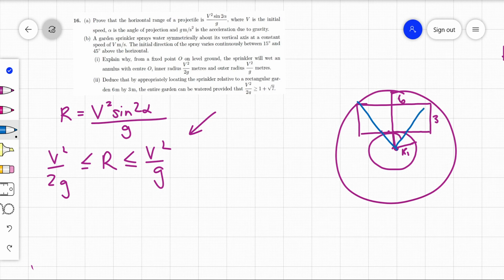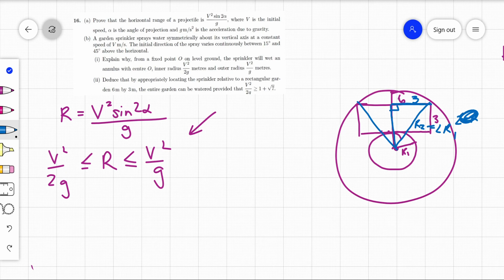If I go like this and look at this rectangle here, you can see this would be R2. That's the radius, and R2, remember, is just two lots of R1. This is half the rectangle's length, so that's going to be 3.